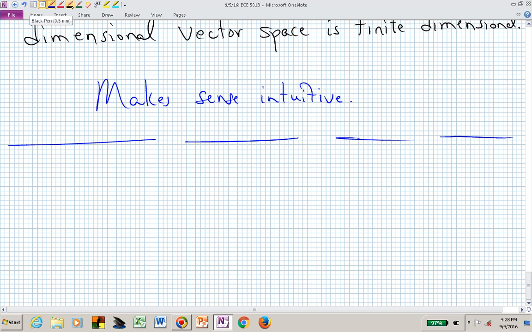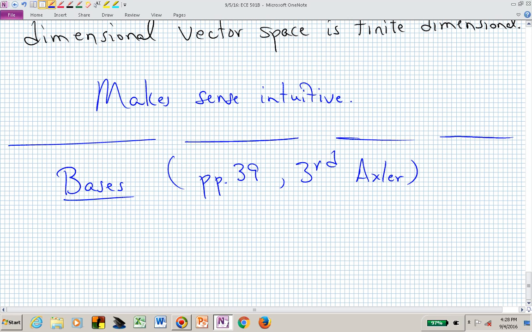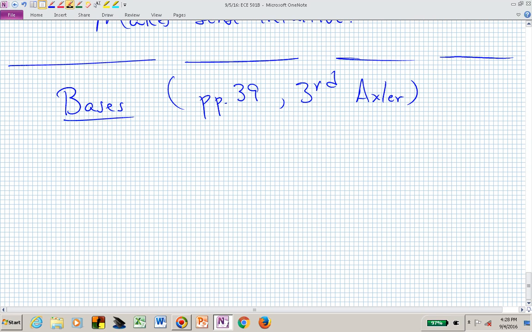Now that we've talked a lot about linear dependence, let's get into the concept of basis vectors, starting on page 39 in the third edition of Axler. Here's the definition.